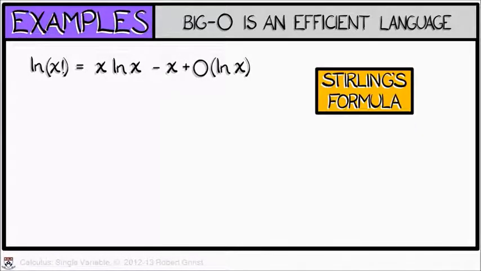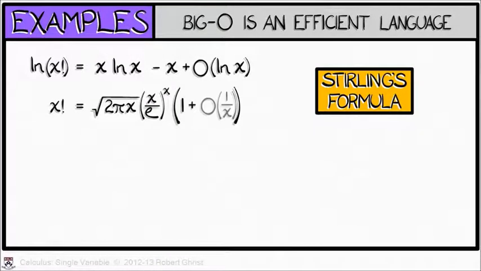Perhaps the stronger version of Stirling's formula will be a bit more transparent. It says that x factorial equals the square root of 2 pi x times the quantity x over e to the x power times 1 plus something in big O of 1 over x.